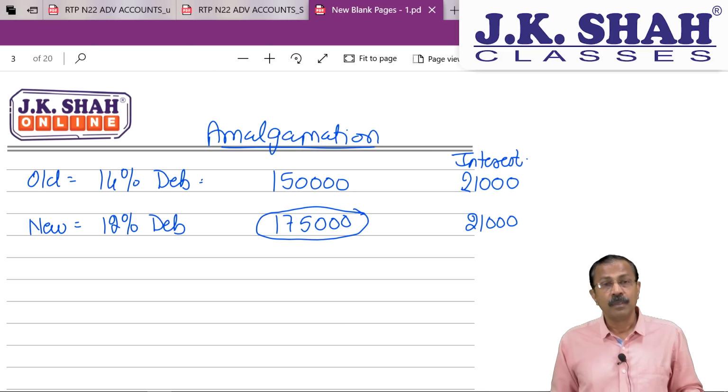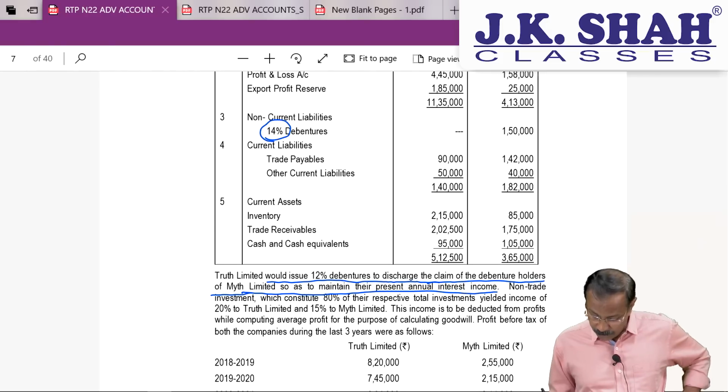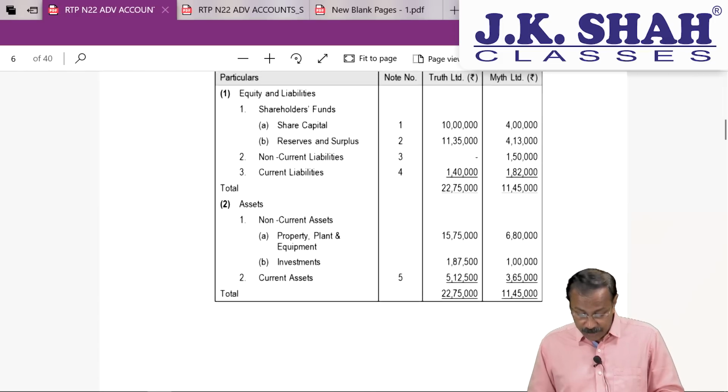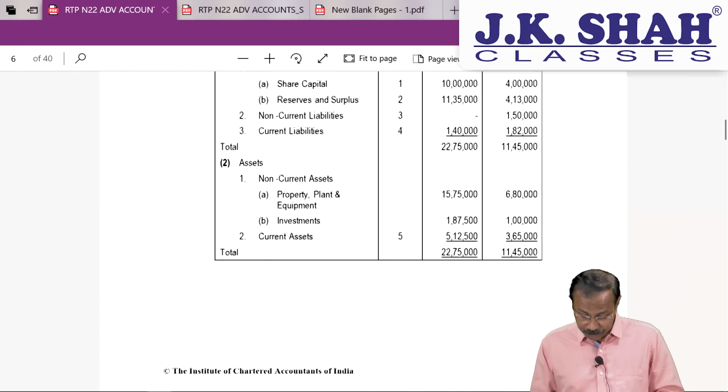So debentures are issued of 175. Non-trade investments, which constitute 80% of their respective total investments, yielded income of 20% to Truth Limited and 15% to Myth Limited. So both of them are holding investments.